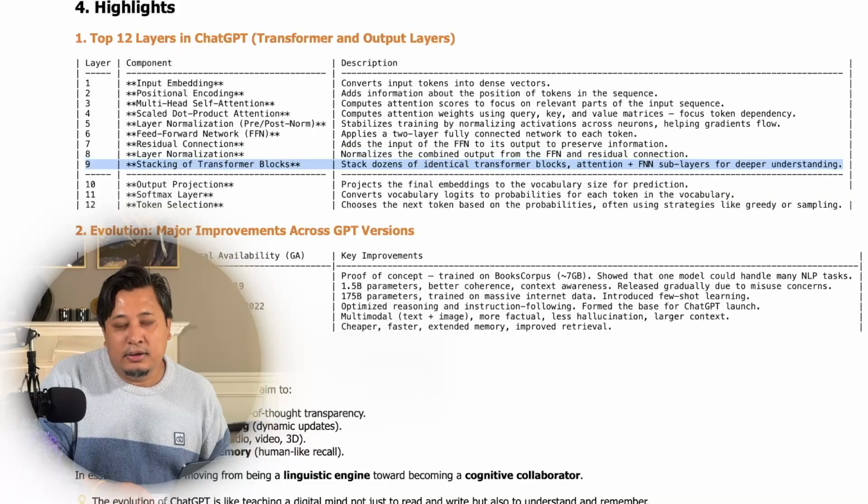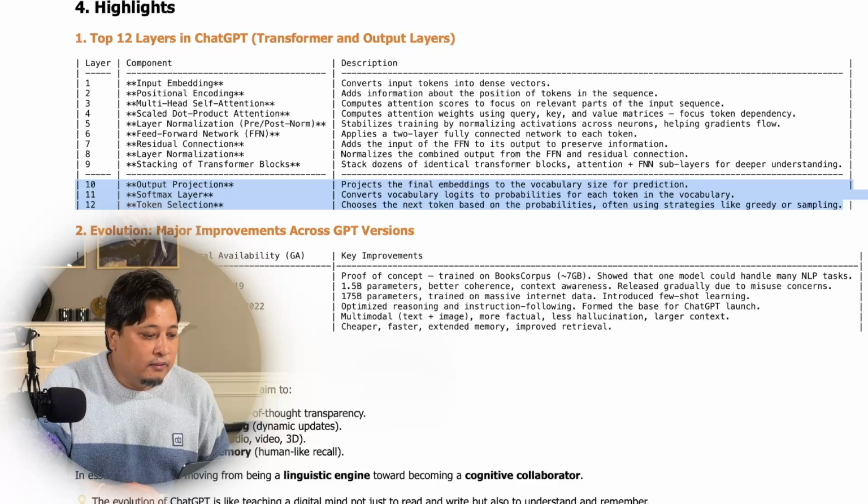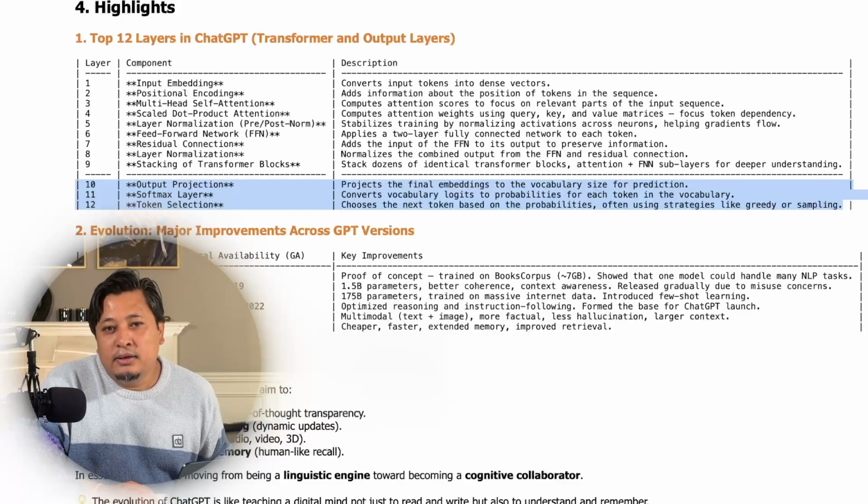The ninth layer is the stacking of transformer blocks, and it stacks dozens of identical transformer blocks for deeper understanding. Under output layers, we have the output projection layer, softmax layer, and token selection layers. Together, these layers help to generate the next token or word in the sentence based on probabilities.